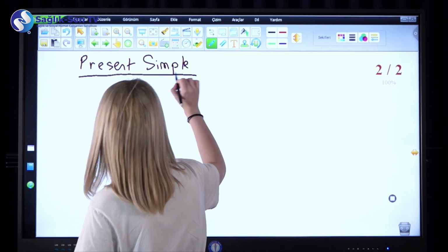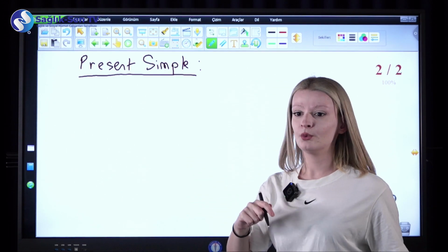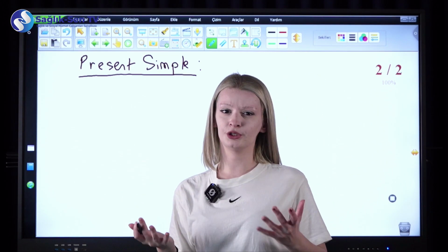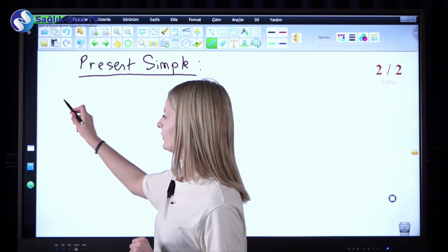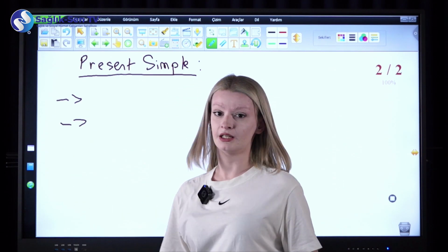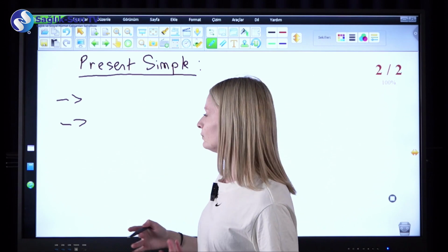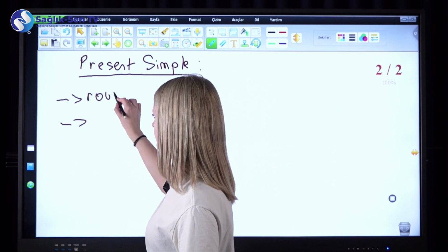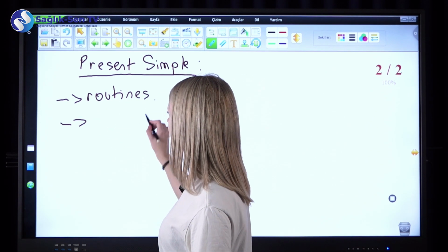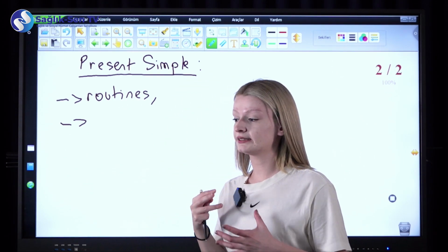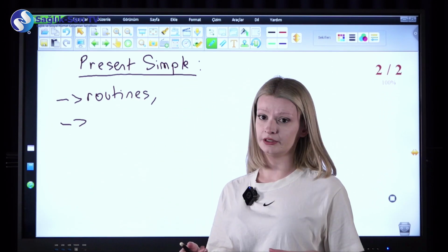Let's remind ourselves, what have we done? What have we learned so far? We said, when do we use present simple? We have some areas that we use with present simple, starting with routines. Actions that take place regularly, frequently.